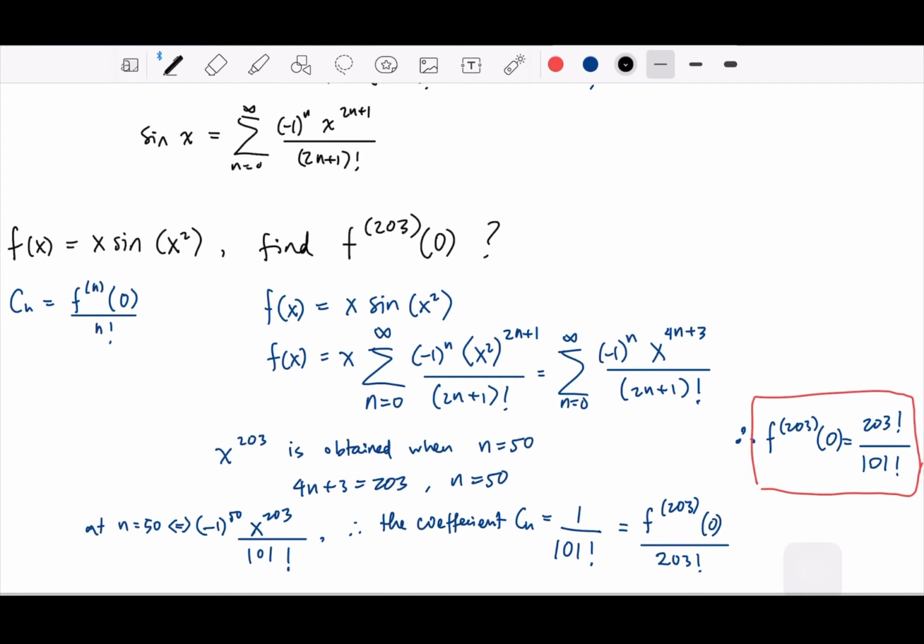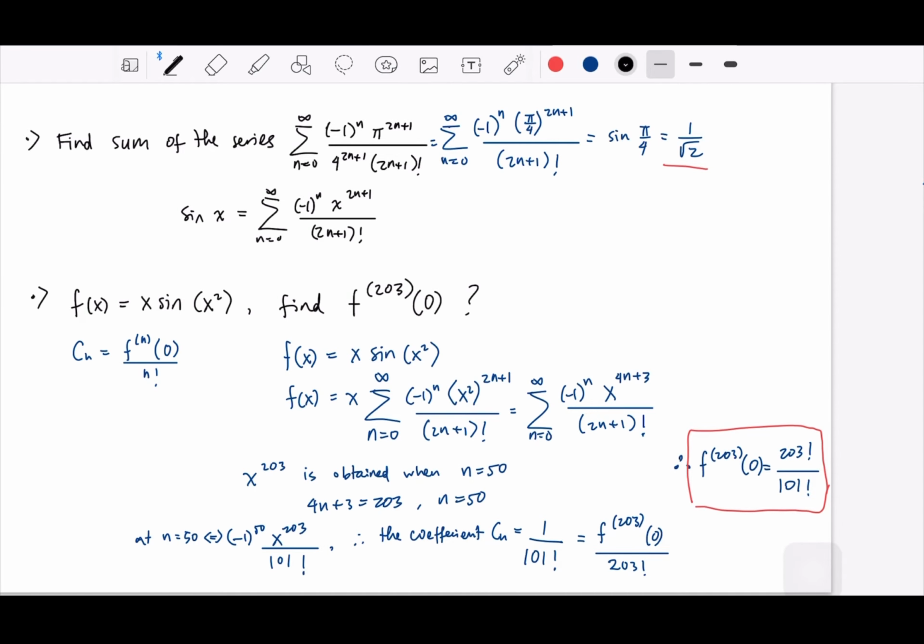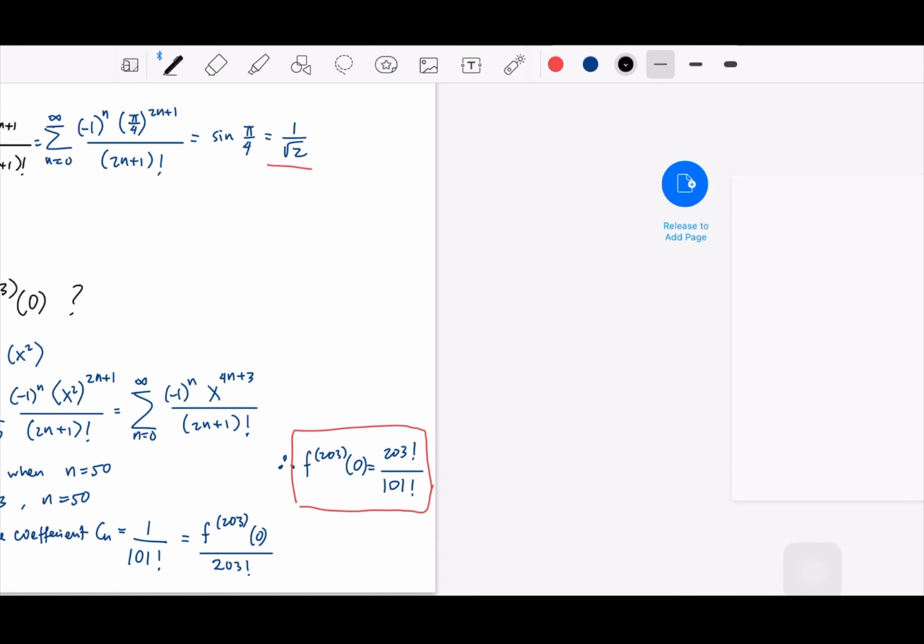Approximations in Taylor. Okay, let me go to the next page.